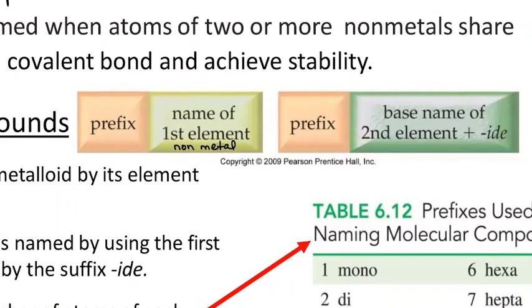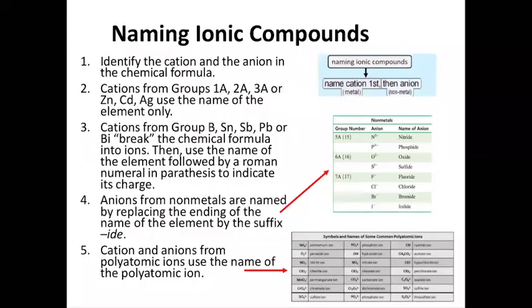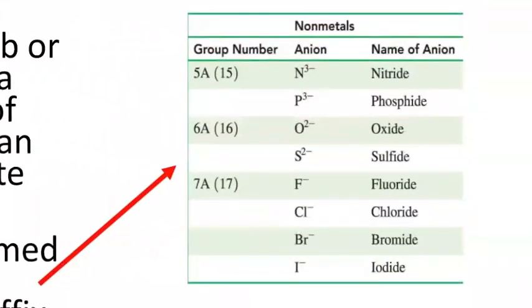Where do you get that information of base name in the second element followed by the ending "ide"? Look at slide 18, step 4. Let me show you where we get it. This table.